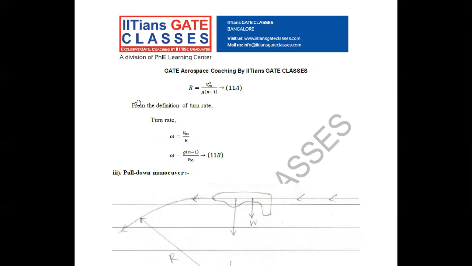From the definition of turn rate, the local angular velocity of the airplane, turn rate is equal to V infinity by R, linear velocity by R. Substituting R in this equation, turn rate becomes g into n minus 1 by the flight velocity V infinity.